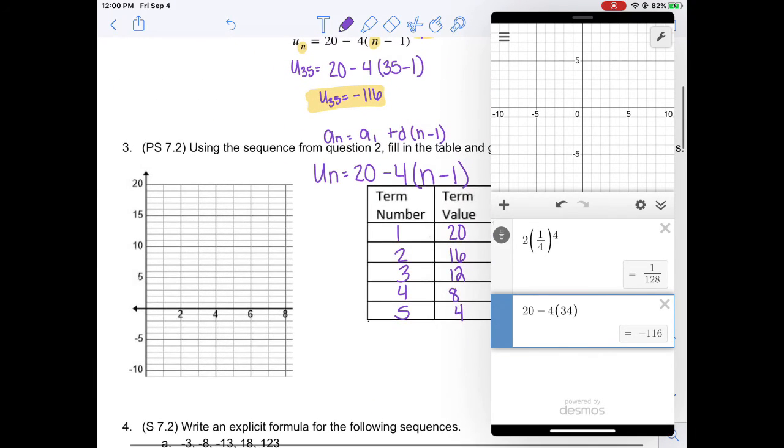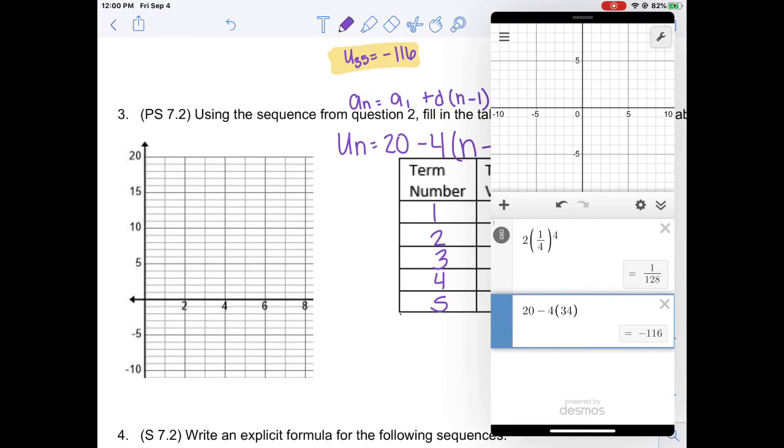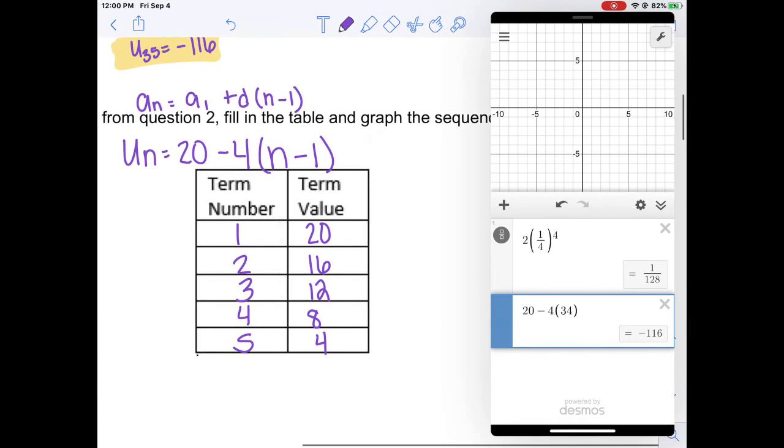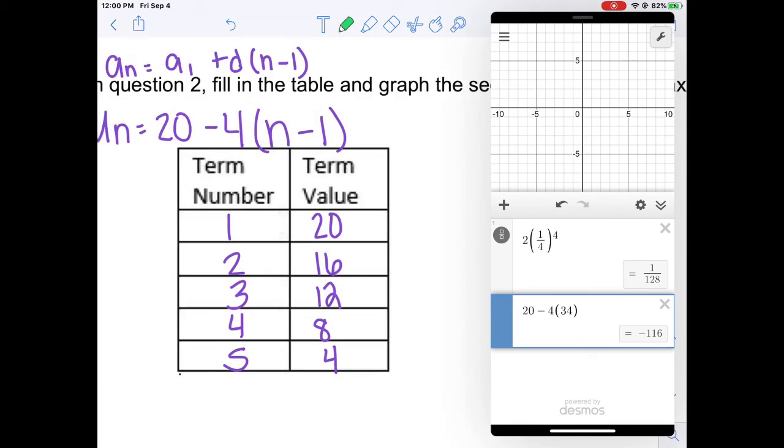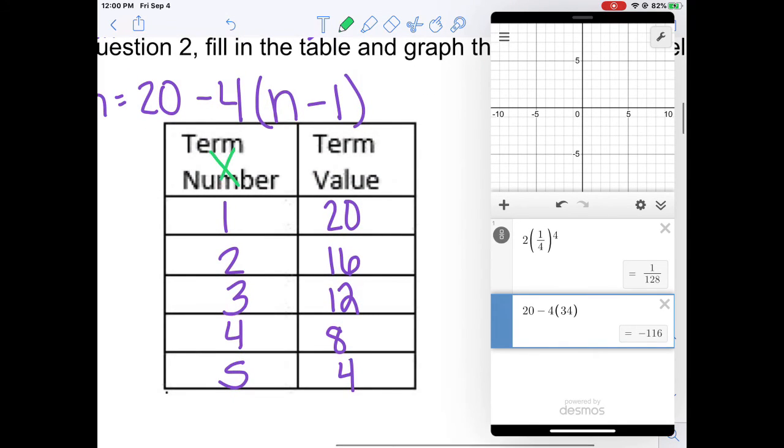And then we want to graph what we have into our graph here. So first term, actually rewind a sec. Okay, term number, that's my x value. It's what I plugged in, my input. And term value is my output, what I got out. It is y. So these are all coordinates.